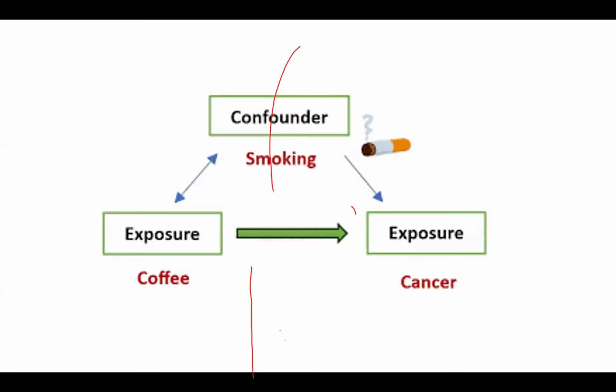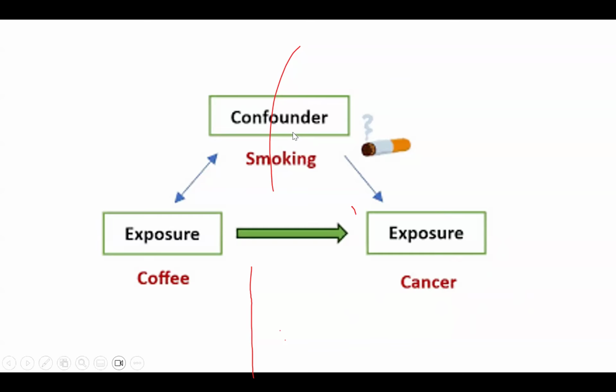Now we come to a very important concept of confounding. Many years ago, they did a study in which the outcome was cancer, and they found that the people who were drinking coffee were more likely to have cancer. But later on, it was found that those who were drinking coffee were more likely to smoke also.